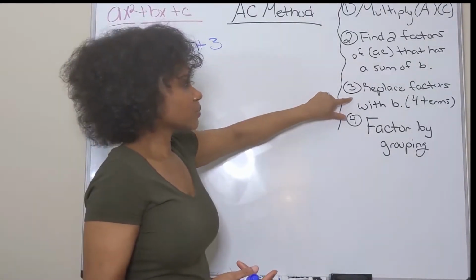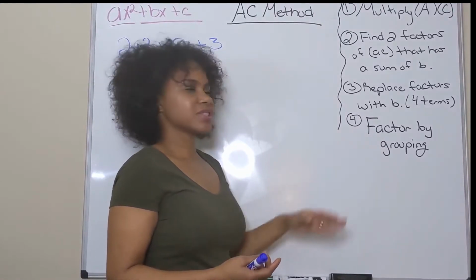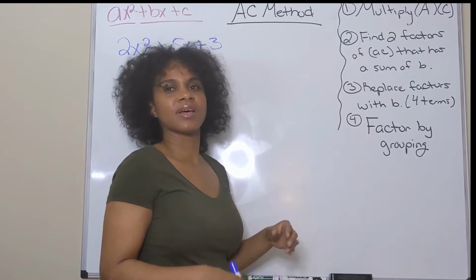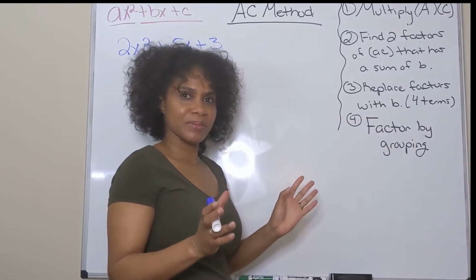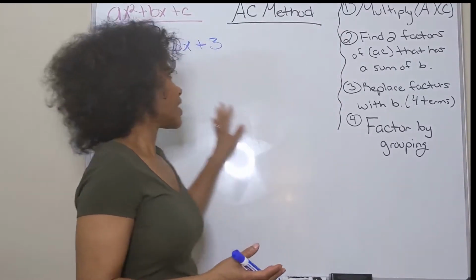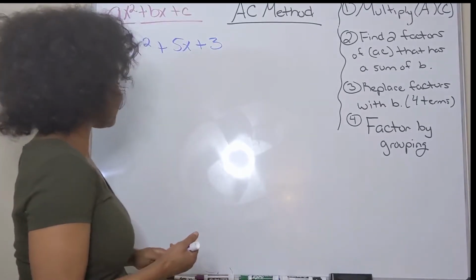Replace those factors with b. At this point, you're going to have four terms. And your last step is to factor by grouping. So basically, you're going to group off your first set of terms, your last set of terms, and factor each binomial separately. Alright. Seems a little more complicated than what it is, but when I show you, I think you'll understand it just a little better. Alright. So let's get started.